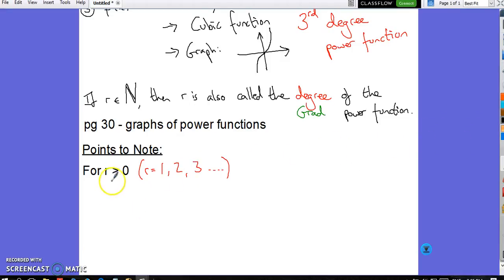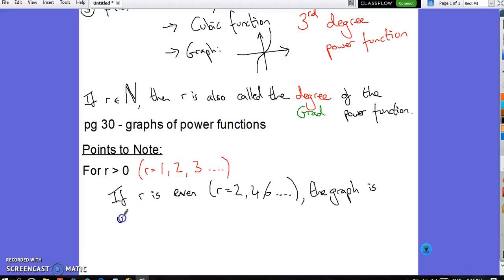So, for positive r, if r is even, so 2, 4, 6, and of course this pattern does carry on, then if you have a look at those on page 30, where you've got x squared, x to the power of 4, x to the power of 6, the graph is kind of U-shaped. You can notice that the U's are slightly different for each of them, but for them you do tend to get something that looks a bit like this.